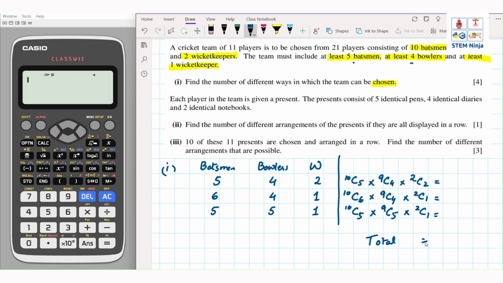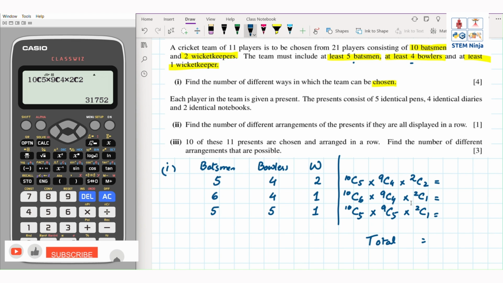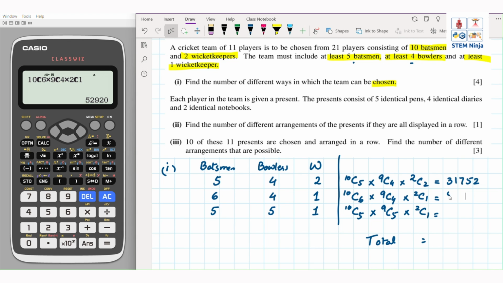So let's calculate the totals. 10C5 times 9C4 times 2C2, we get 31752. 10C6 times 9C4 times 2C1, which is just 2, gives 52920.